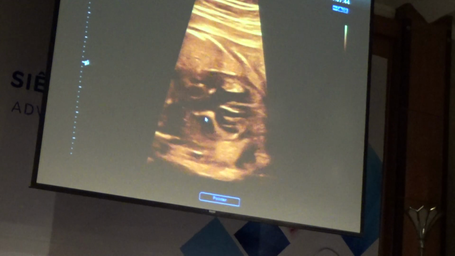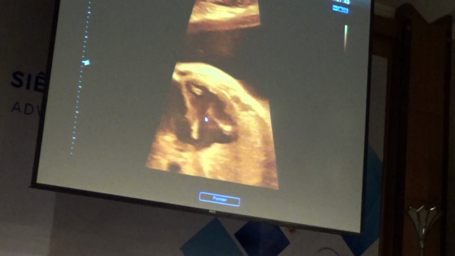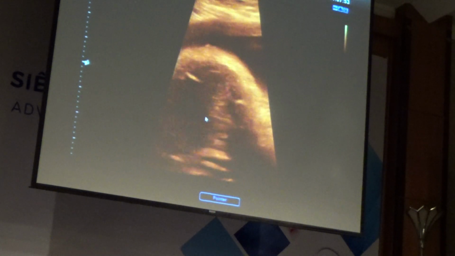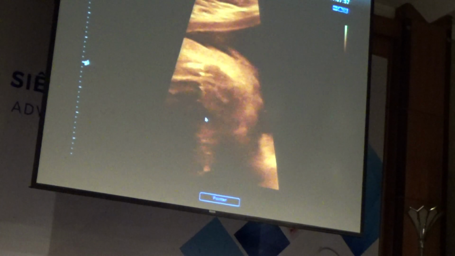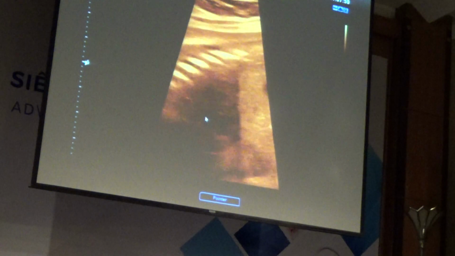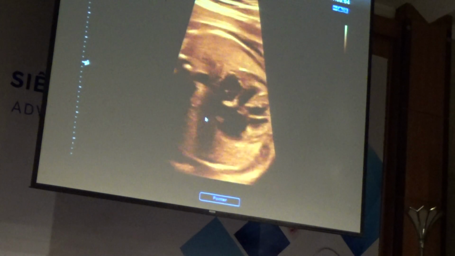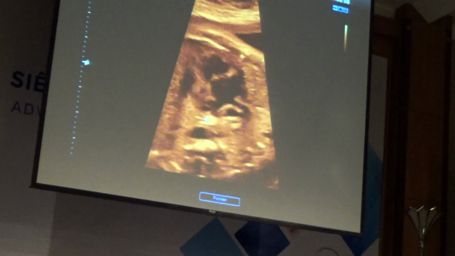Okay, so here, now the baby's moving. See, it makes a big difference to have the baby move. This is good. Okay.